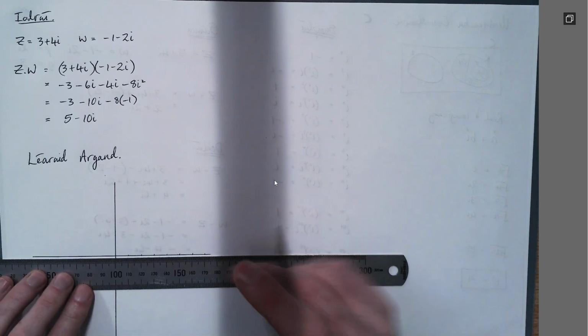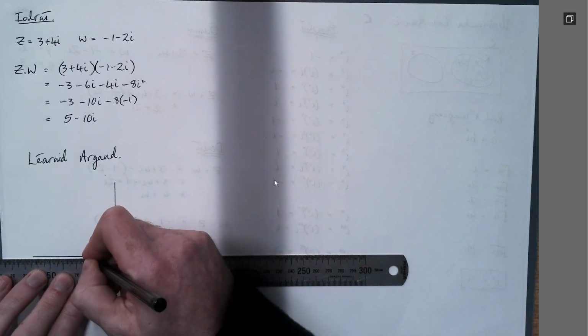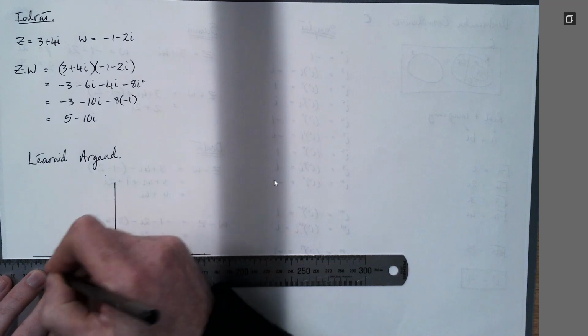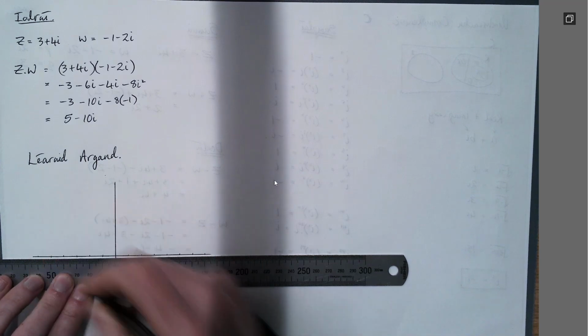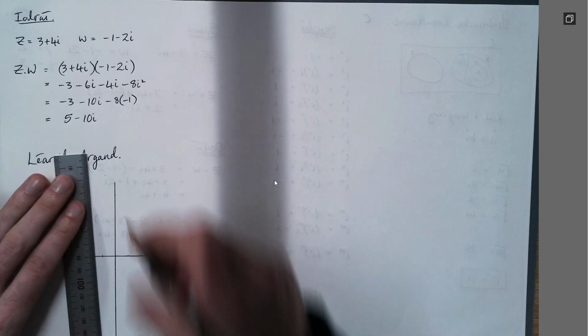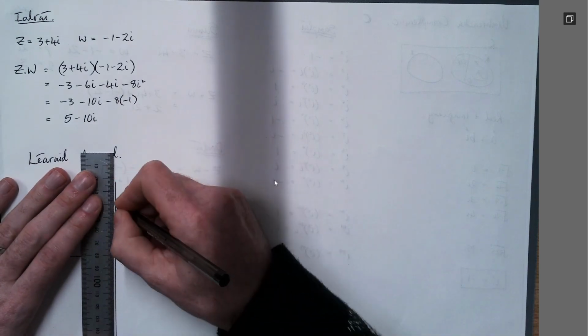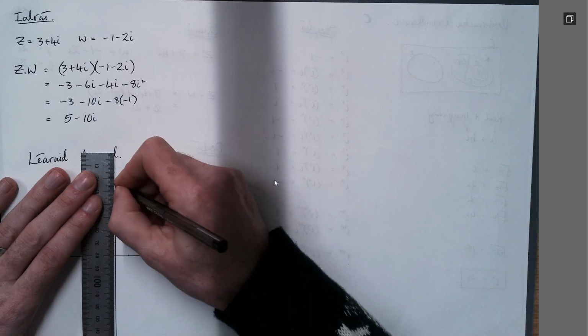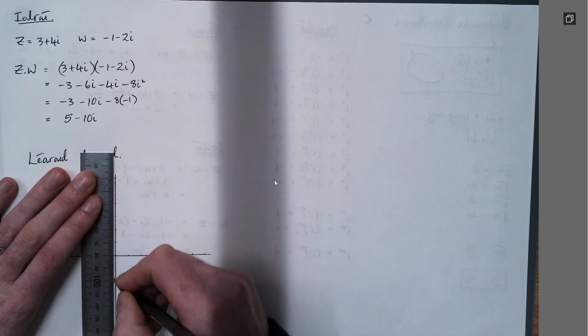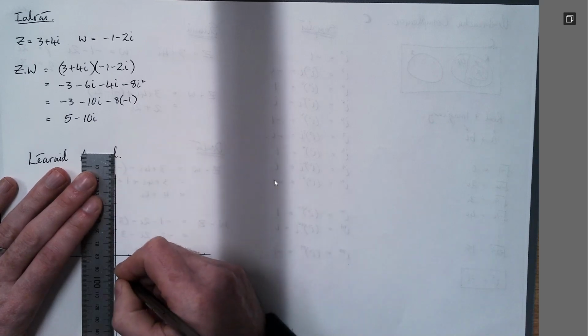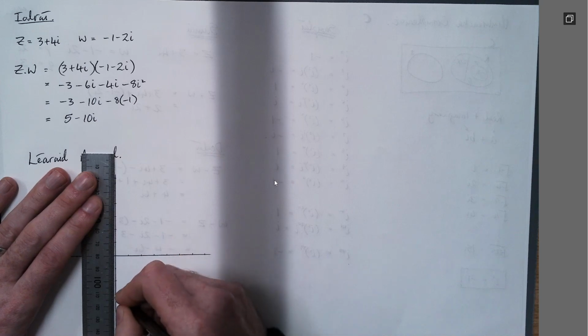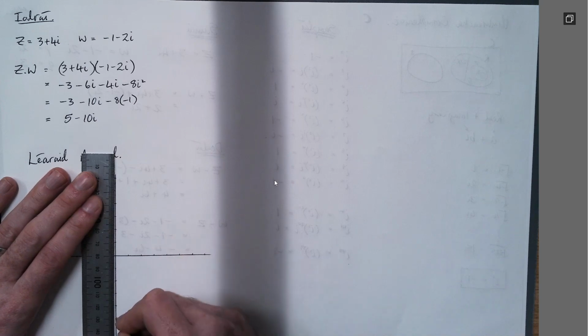Now, let's look at the Argand diagram. It differs from the Cartesian plane, the XY plane.